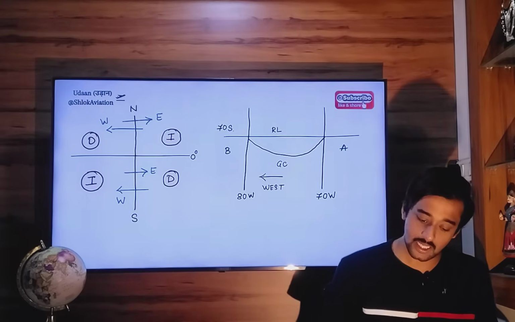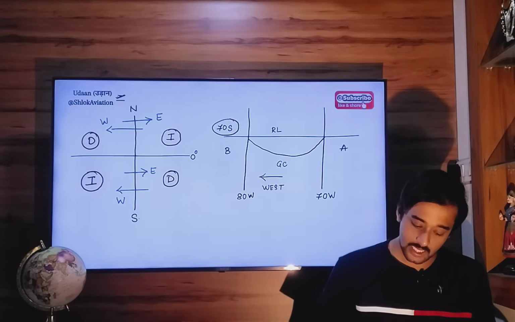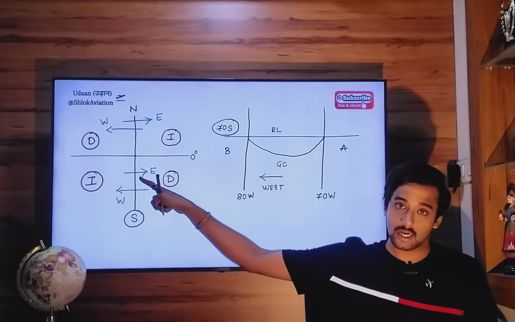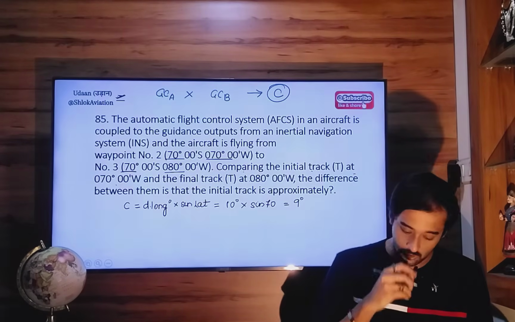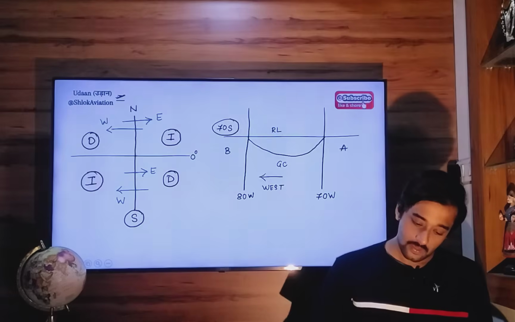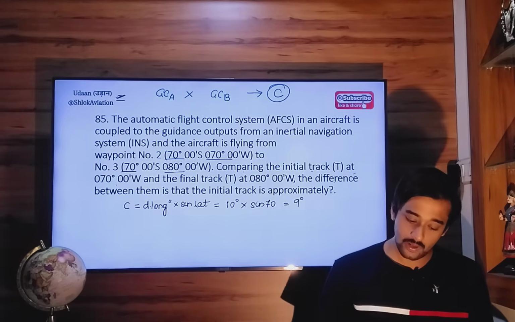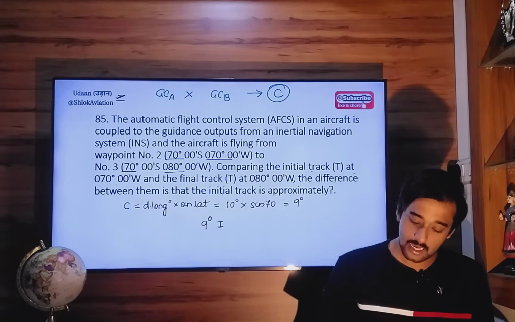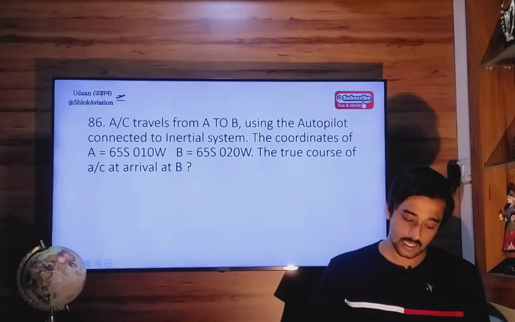And you are in the southern hemisphere. So when you are in the southern hemisphere and you fly in a westerly direction, the great circle track increases. So your final answer will be, the difference between them is what? The difference between them will be 9 degrees increase. 9 degrees increase.